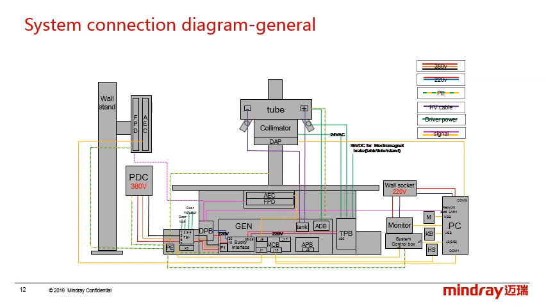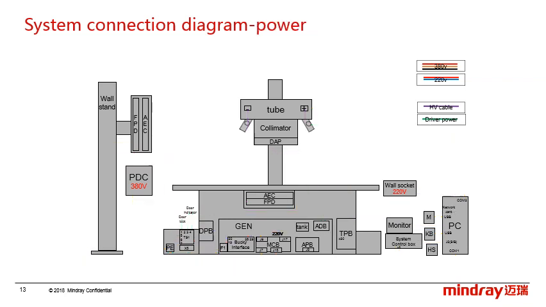Okay, the diagram will be divided into different parts. The first one is about the power supply. The 380 power comes from the power distributor cabinet via the table side connector TS1, and then passes the fuse F1 to the bucket interface.